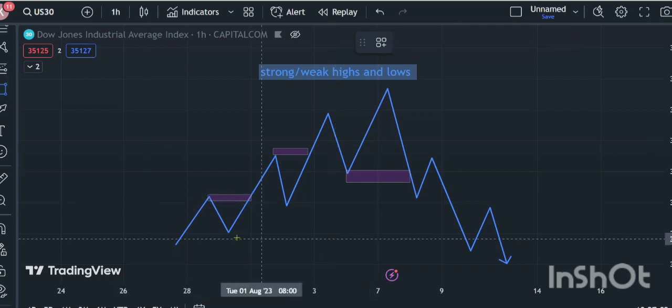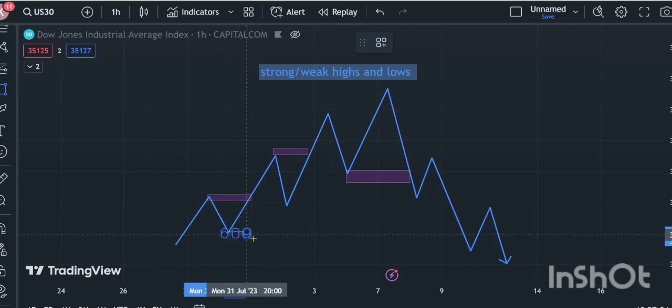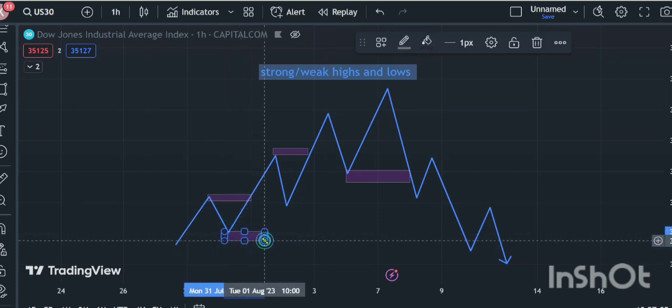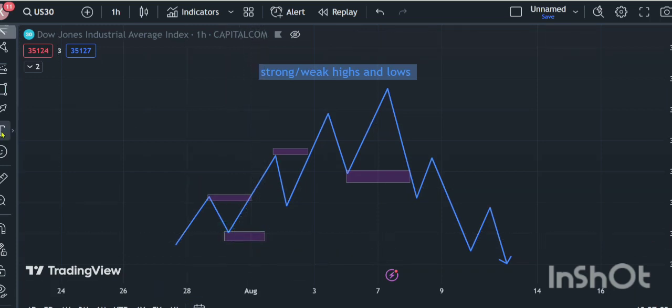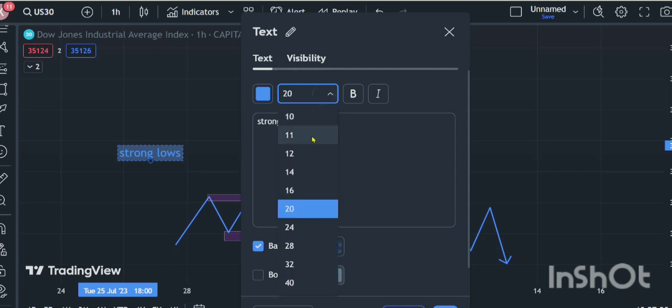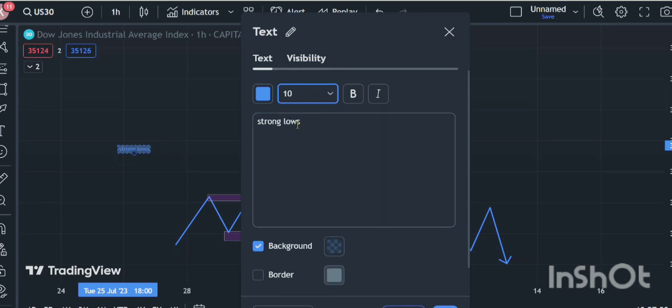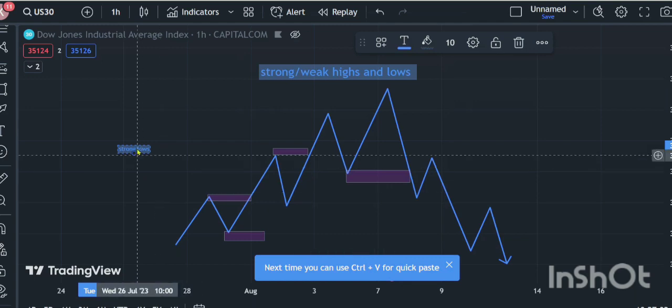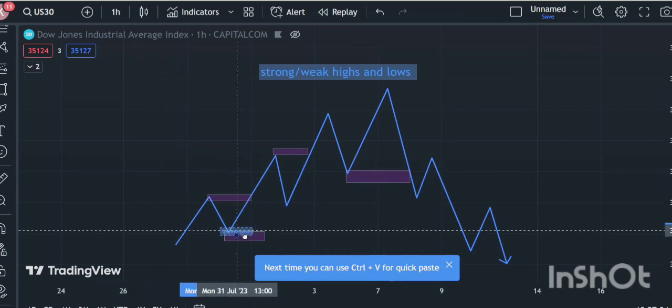So the lows down here, okay, let me mark this. I'm going to call them strong lows and put them right there.